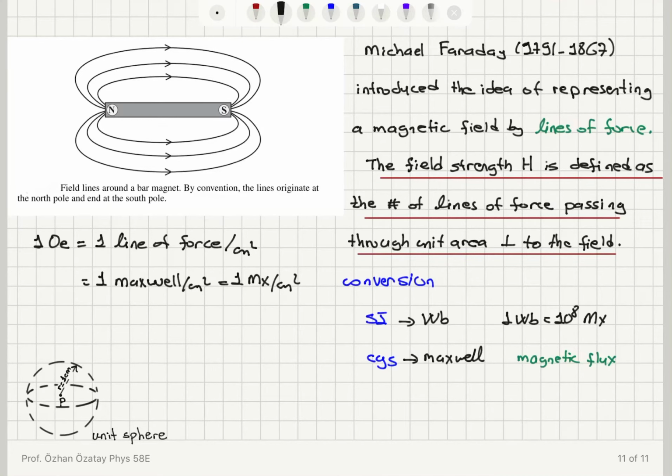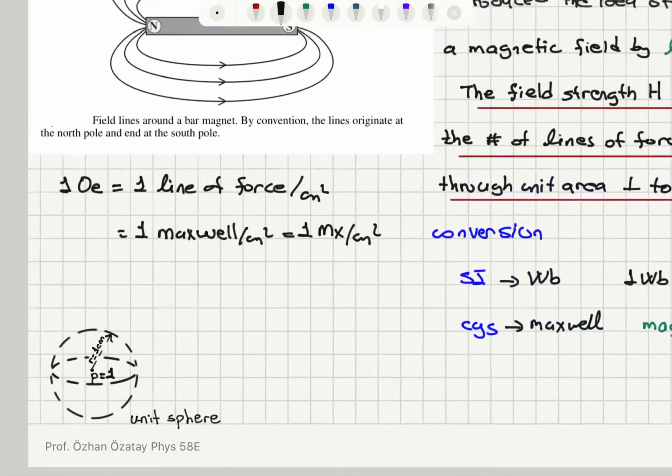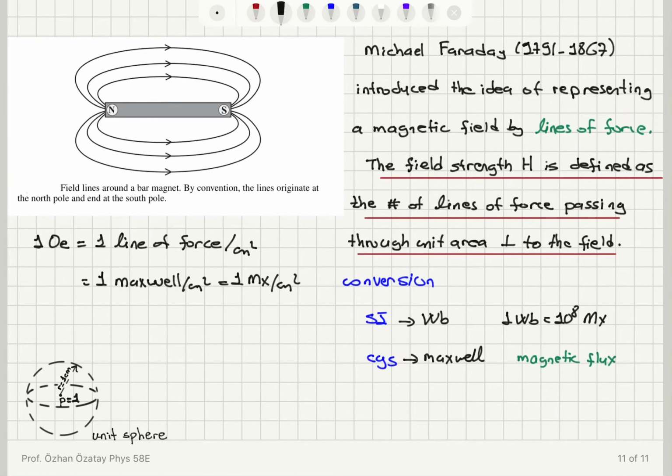All right, so if you consider a unit sphere, I put a pole with a pole strength equal to 1 unit right in the middle. So we can see that the surface area would be, if you have a 1 centimeter radius, 4 pi centimeter square.